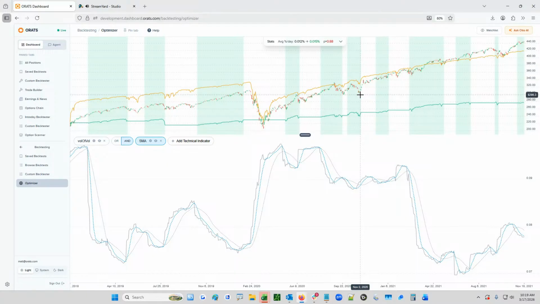If you want a higher p-value, you have to find strategies like out of the money iron condors, or those types of strategies that will be controlled a lot more by volatility levels, by skew levels, and all that. So you could get a higher p-value in those types of times, but you're not going to get a high p-value for stock movement because there's so many other things related to that.